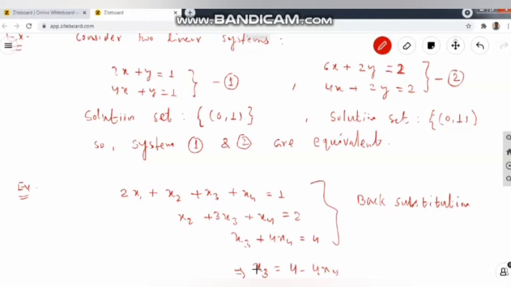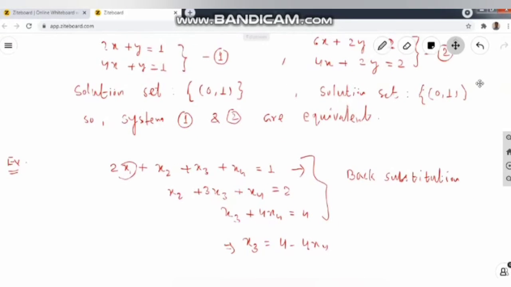In the same way, after that we put the x2 and x3 values in the first equation, and then we get x1 in terms of x4. So when we have this type of system of linear equations, you can just solve it using back substitution. These are special types of systems of linear equations.